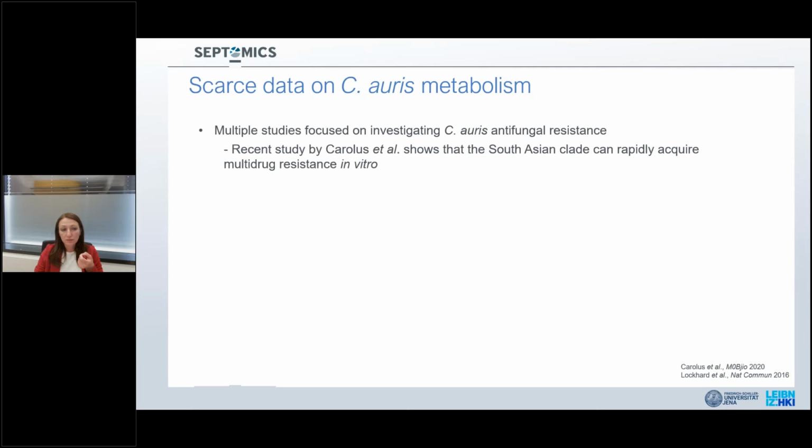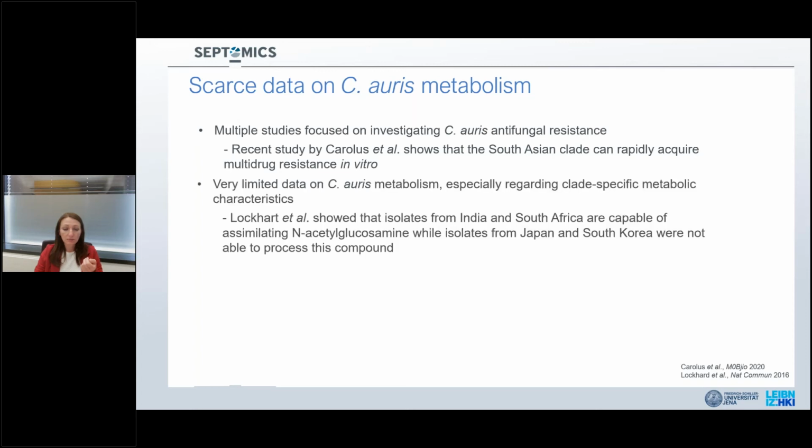As I mentioned already, the South Asian clade can rapidly acquire multi-drug resistance in vitro, as was shown very recently. Also, there is very limited data on Candida auris metabolism, especially regarding clade-specific metabolic characteristics.